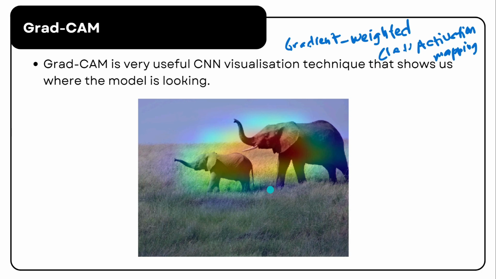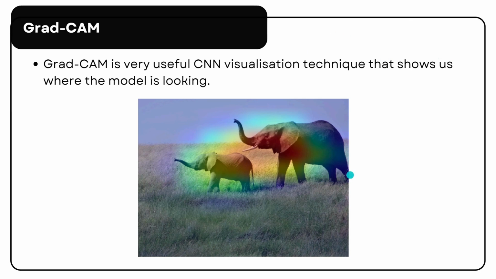In this example, you can see the CNN is focusing on this region of the elephants when making its prediction. This kind of result is incredibly helpful when we want to understand, debug, or trust our deep learning models.